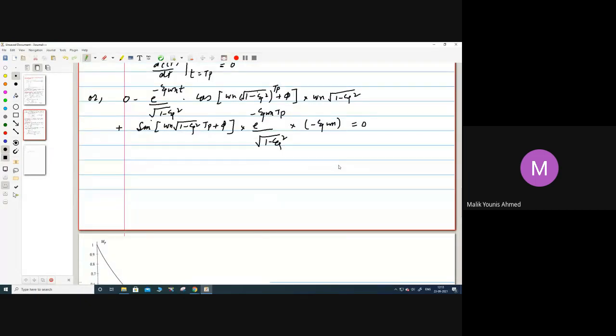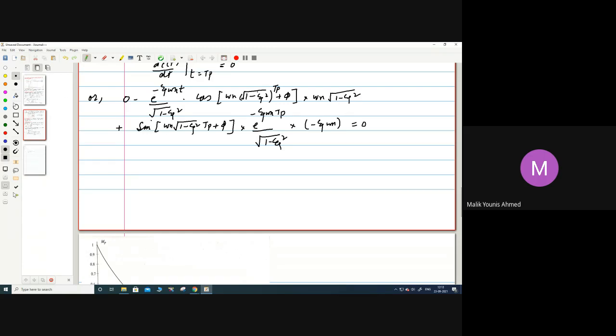In this case, you can very clearly see e raised to the power minus xi omega n t, omega n. So these terms are common. The rest is not common. In the first term we can write minus 1 under root of 1 minus xi square into cos of this.